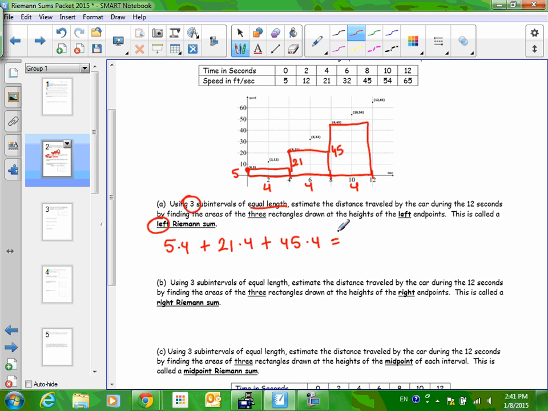You can definitely use your calculator for this. Some of these will end up being no calculator problems, but the numbers will generally be really easy when that's the case. So this ends up being, I'm not going to spend a lot of time on this, 284 feet. There's a couple of reasons why I know my units are feet. Number 1, it said estimate the distance traveled by the car. So that's feet, not feet per second.